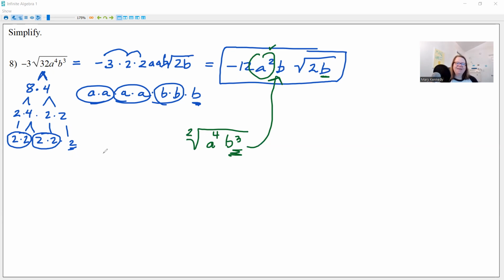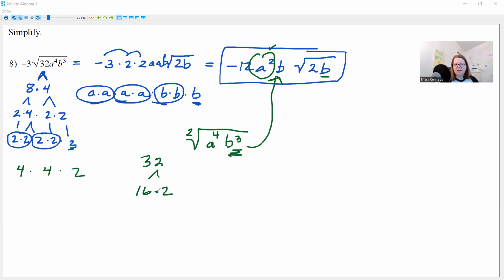For 32, we had these 2 pairs of 2's that were perfect squares. Think about what that means here. That means we had 4 times 4 times 2, because the square root of 4 is 2, square root of 4 is 2. We could have said, when we were breaking 32 down, 16 times 2, right?